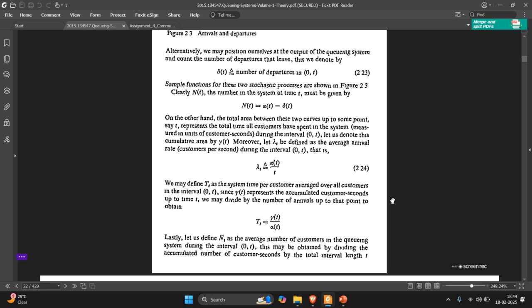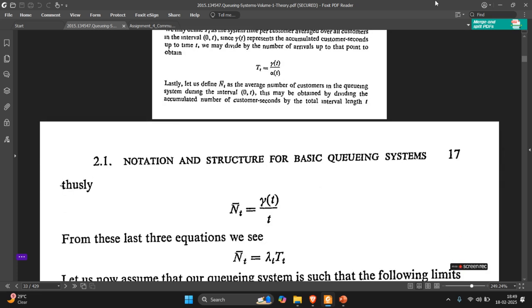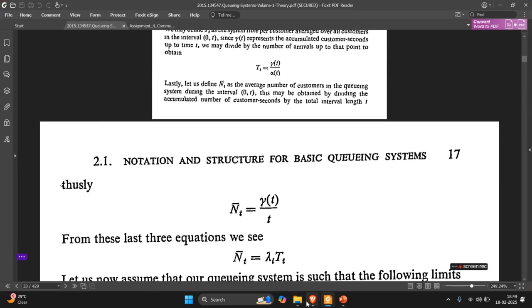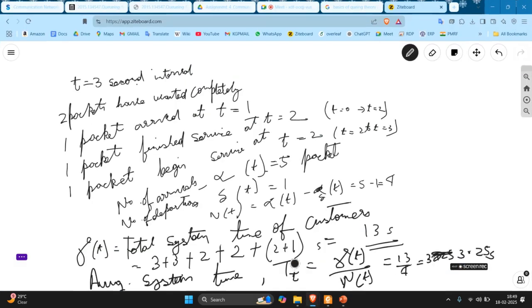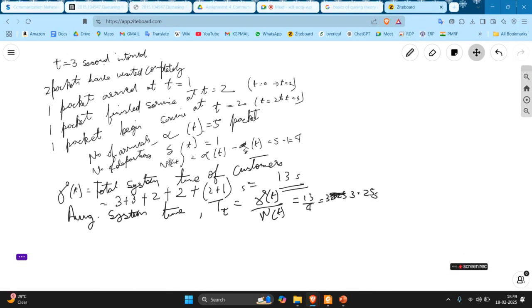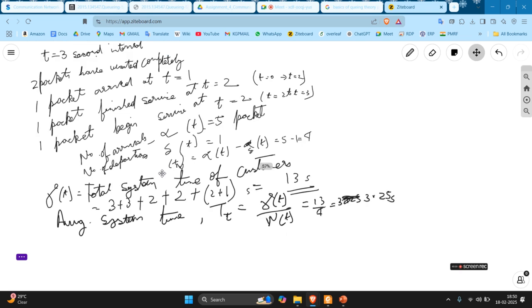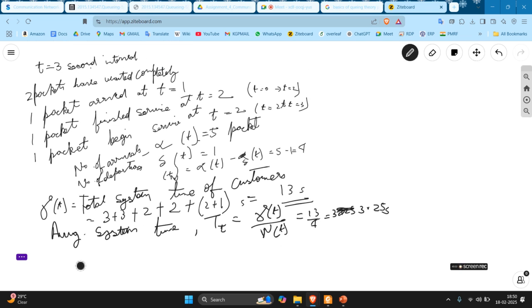And now we have to get another definition, that is the average customers in system or average packets in the system.